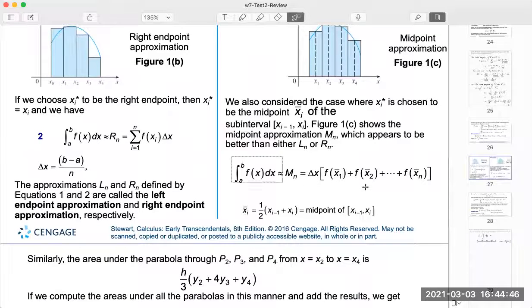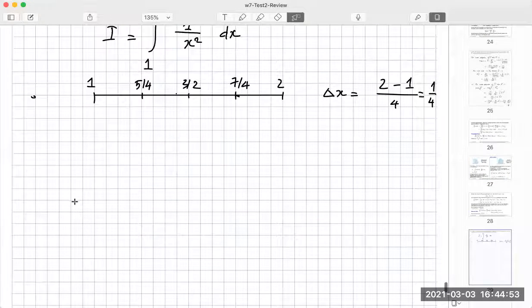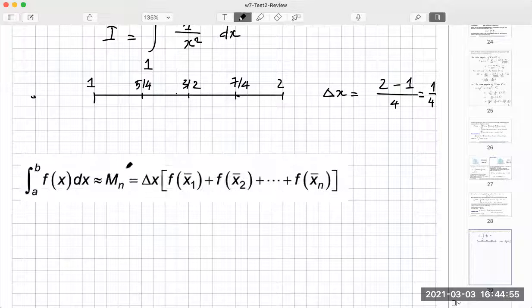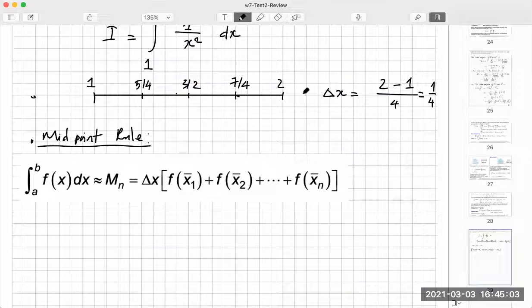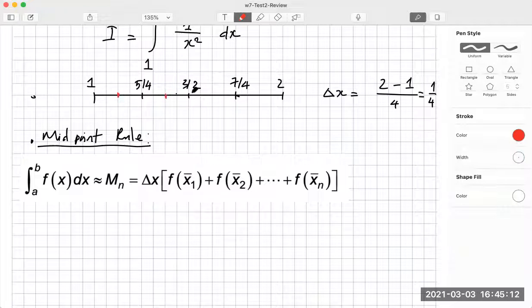We know that this integral is approximated by this guy. So the midpoint rule, we need to find the midpoints here, which is this guy, this guy, this guy, and this guy, right?